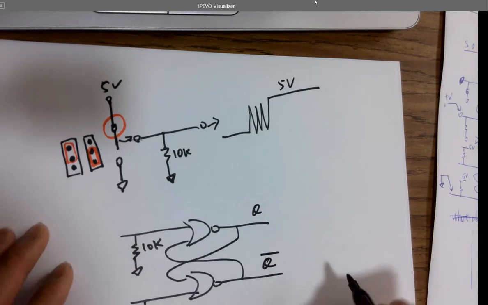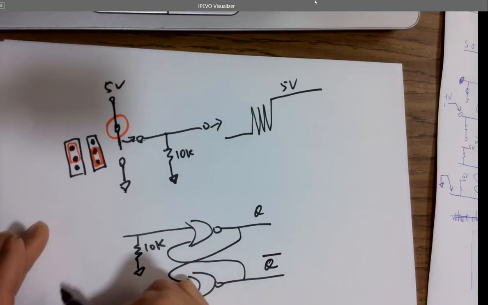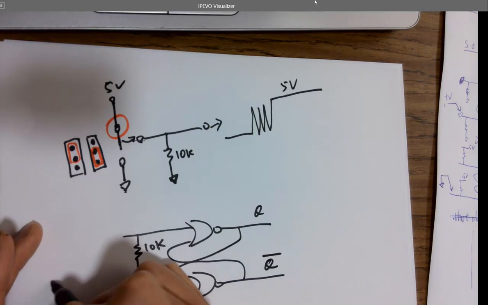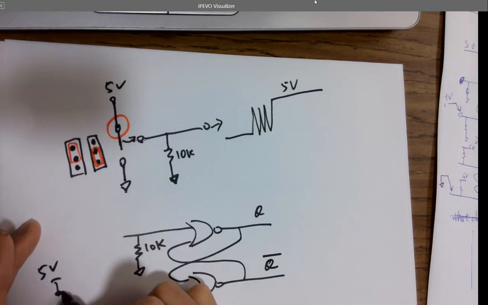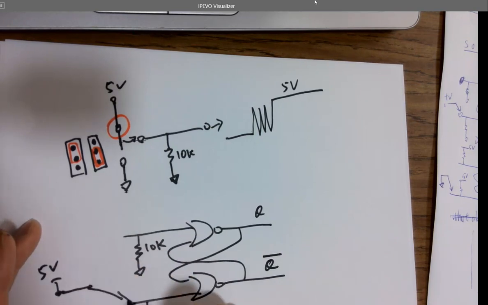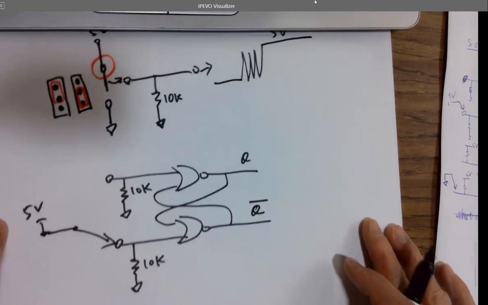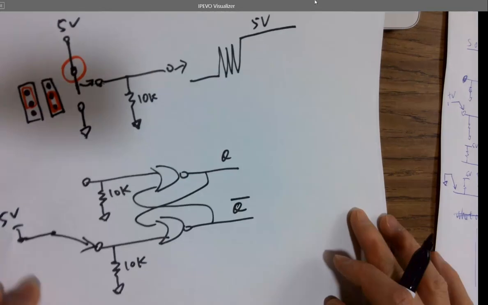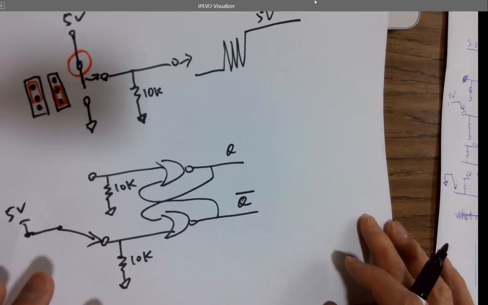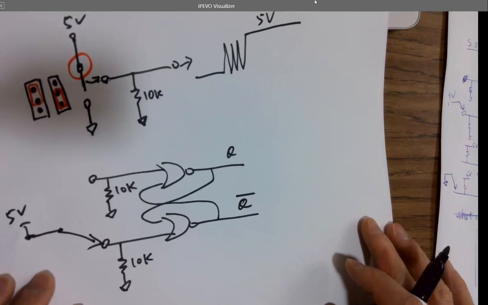Okay. So in that case, here's 5 volts, and it was connected to here, right? So if we do this, I think Ian asked this question before, right? If we use an SR latch, how do we build a debounce circuit? That's how you do it.